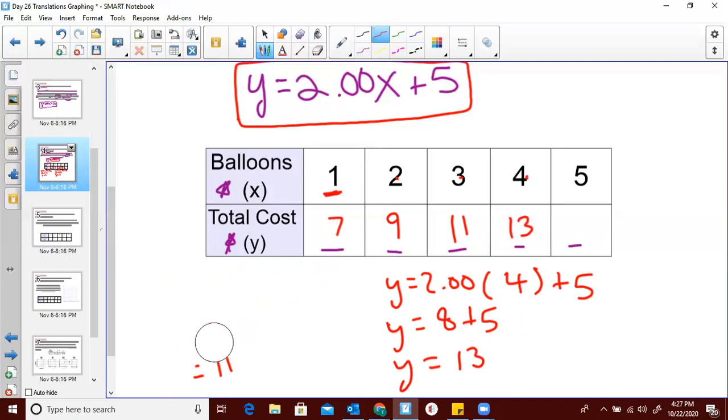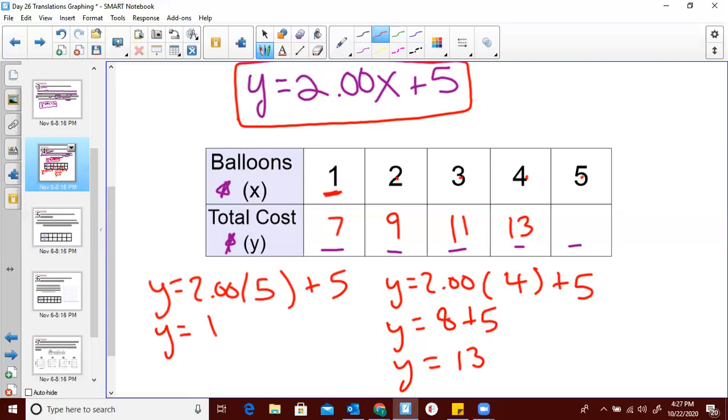Last but not least, I have y equals $2, leave a space for my variable, plus 5. In this case, x equals 5, so everywhere there was an x, I'll put a 5. Y equals 2 times 5 is 10, plus 5. Y equals 15.